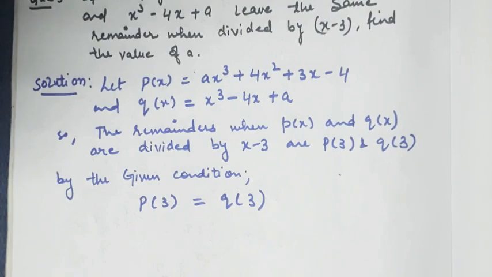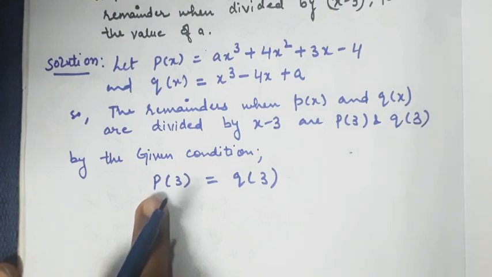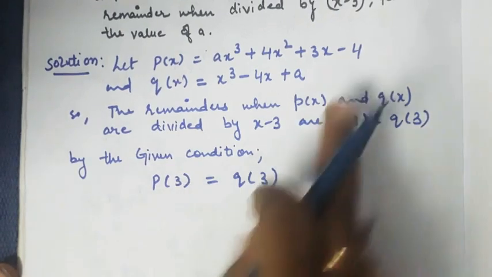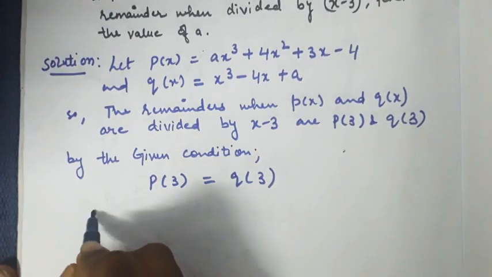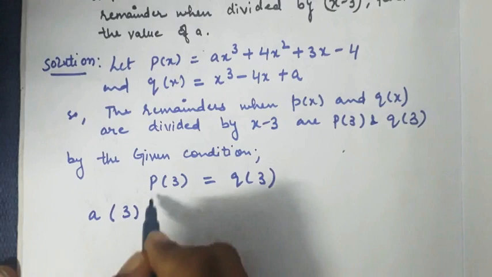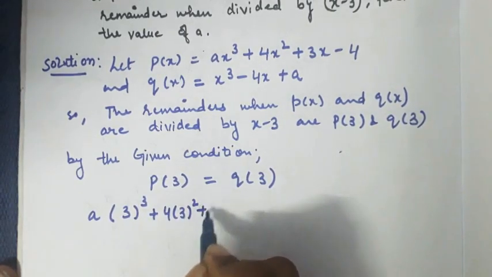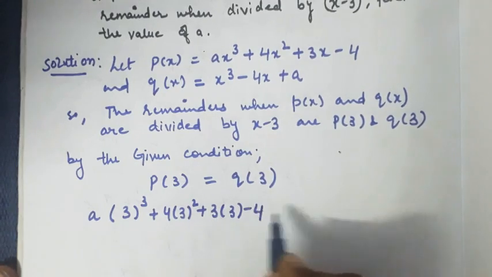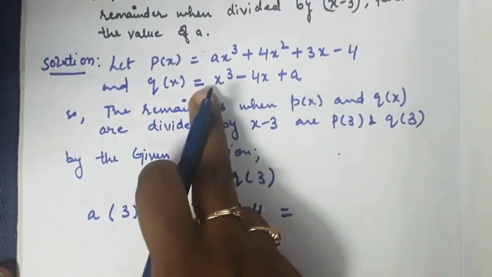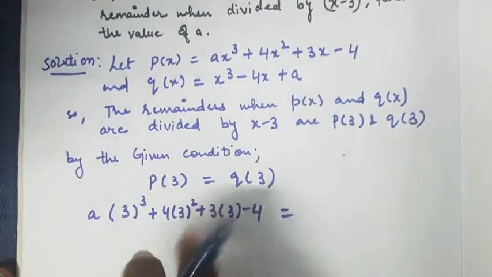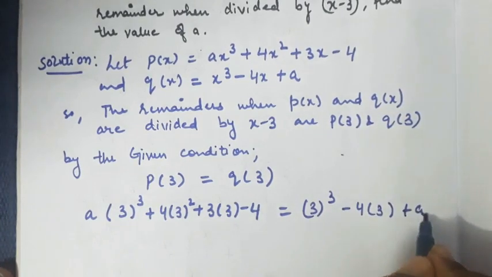So in the polynomial p(x), we replace the variable x with 3. So I get a of 3 cube plus 4 of 3 square plus 3 of 3 minus 4 is equal to, similarly in q(x), instead of x I am replacing 3, that is 3 cube minus 4 of 3 plus a.